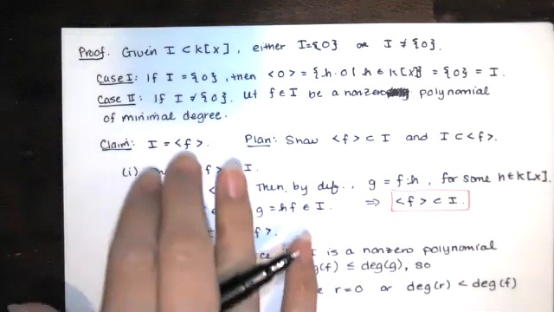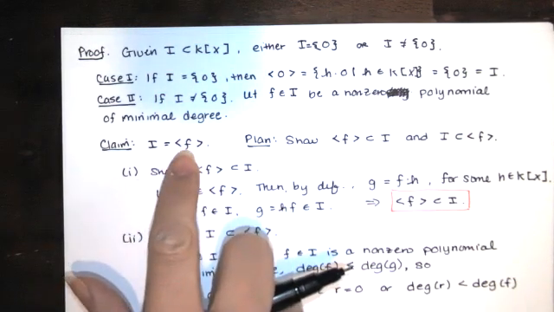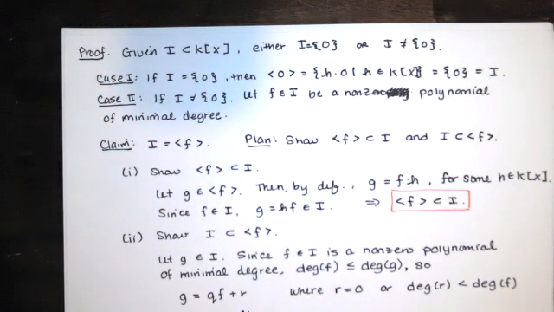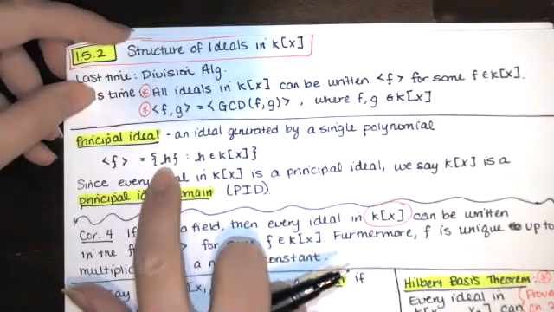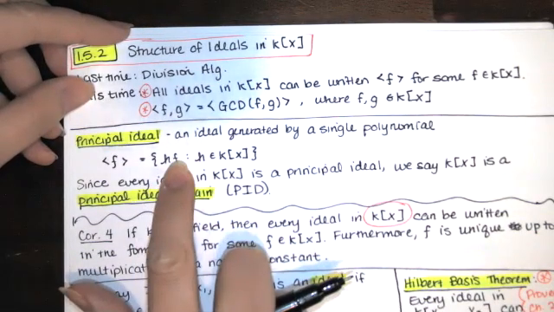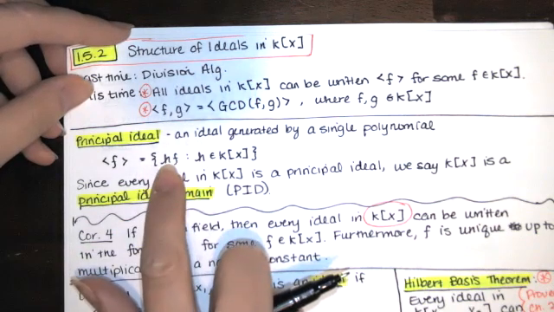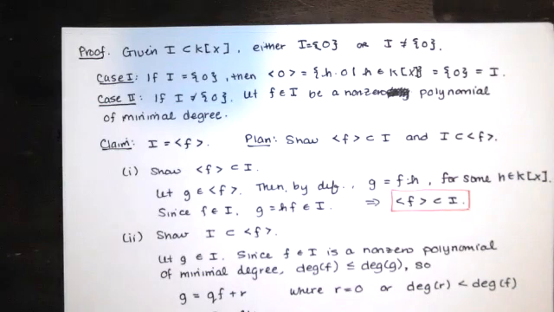Well, if you have an ideal which is made up of infinitely many polynomials, remember you take the non-zero polynomial of minimal degree and you multiply it by all the other possible polynomials that are out there. And those are the polynomials in your ideal. You've got infinitely many of them if f is not the zero polynomial. It's kind of hard to sort through that list of infinitely many polynomials and find the one of smallest degree.